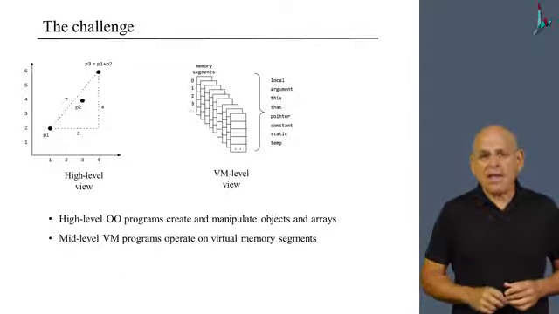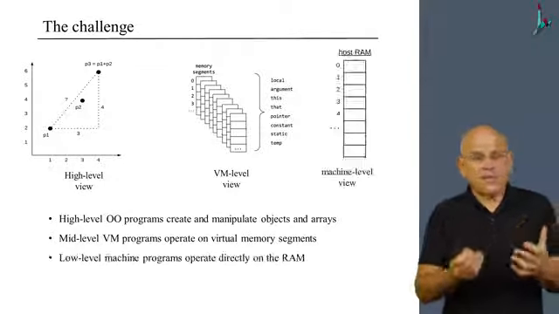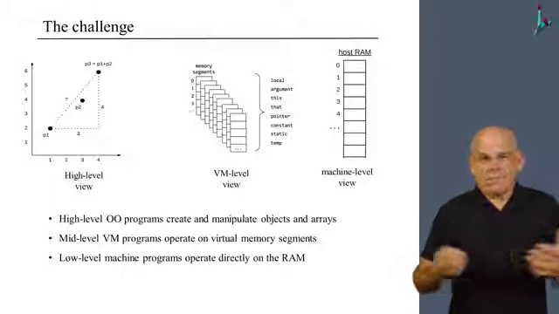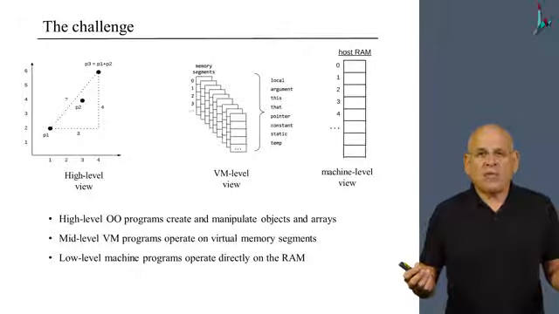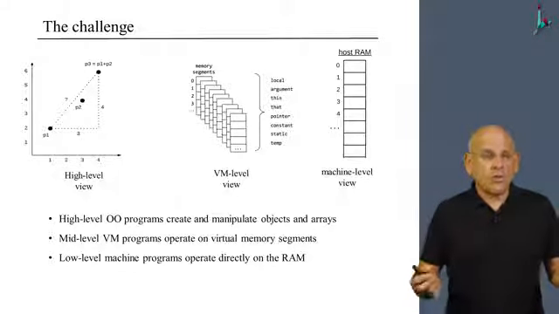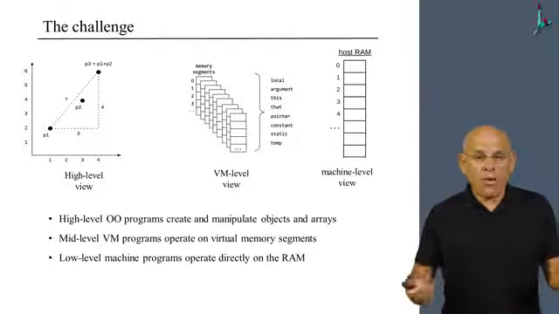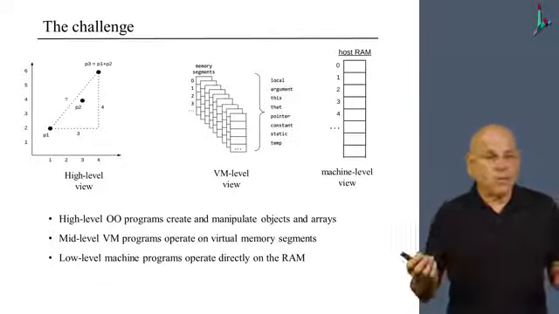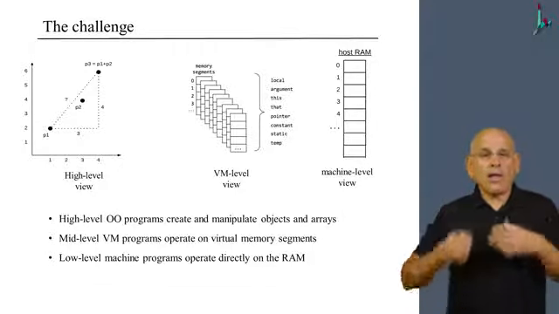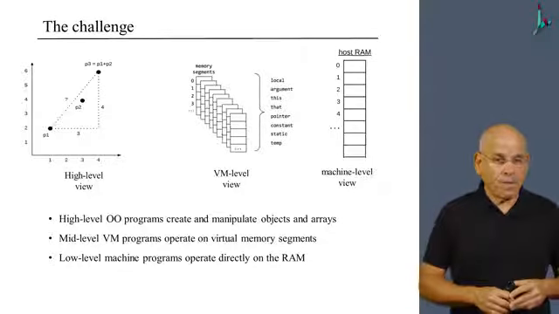And finally, if you were forced to do all this using machine language, then obviously you will be far more restricted. The whole notion of objects and arrays would completely lose its meaning, and you would be reduced to operating directly on the RAM.